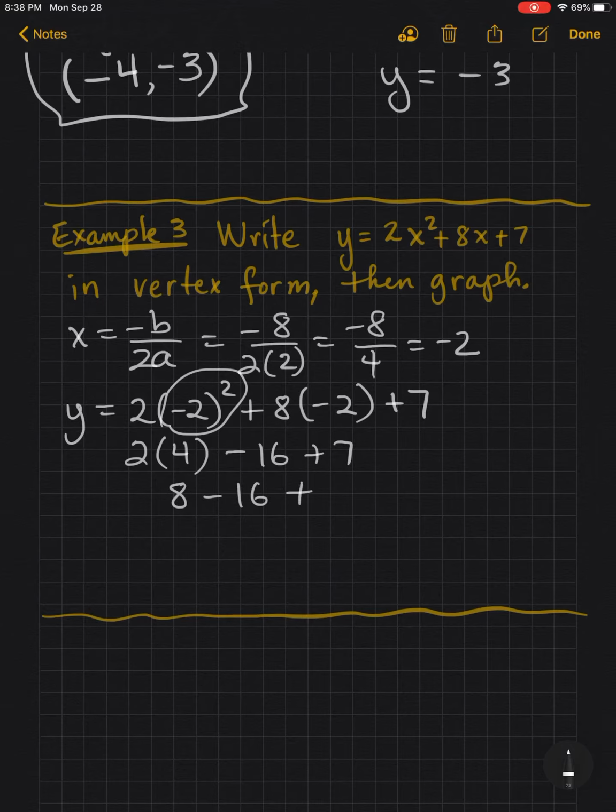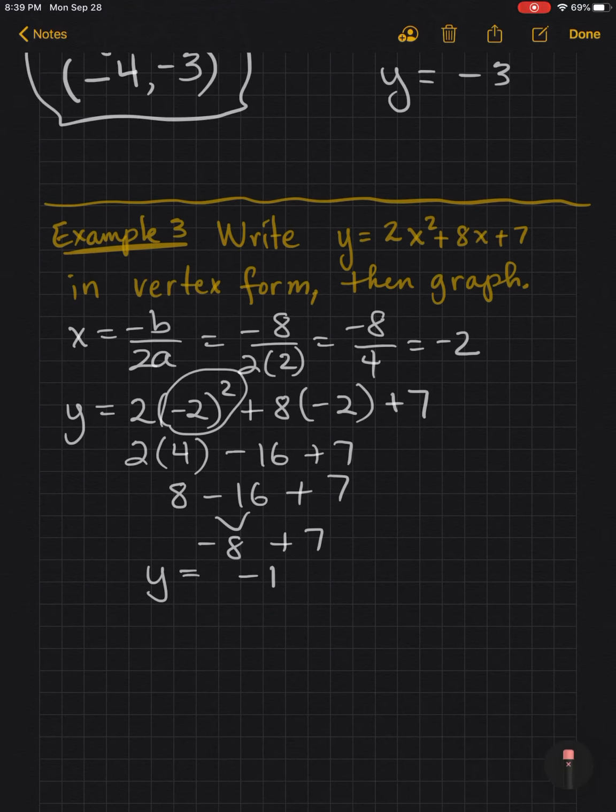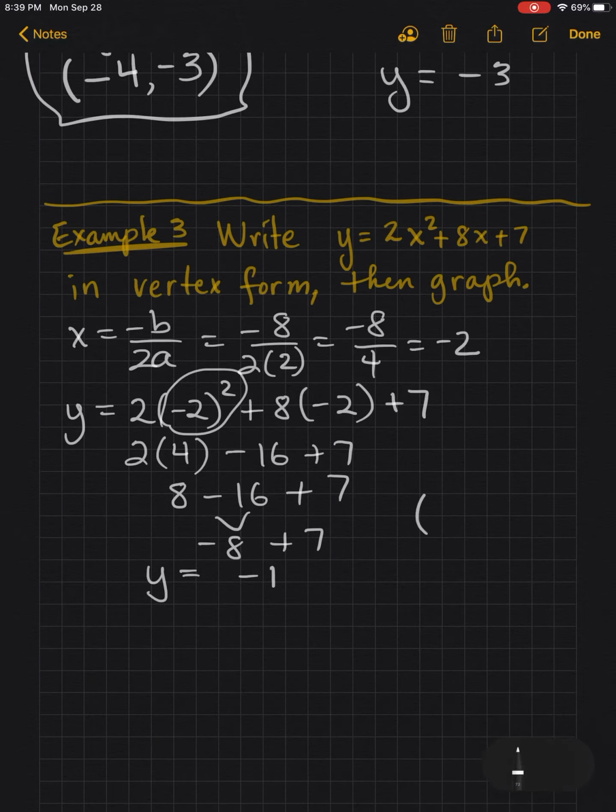And 8 minus 16 plus 7, that's a negative 8. Plus 7 is negative 1. So I see my vertex is negative 2, negative 1.